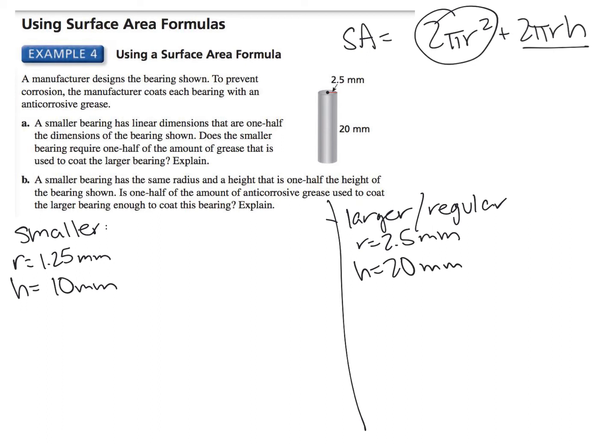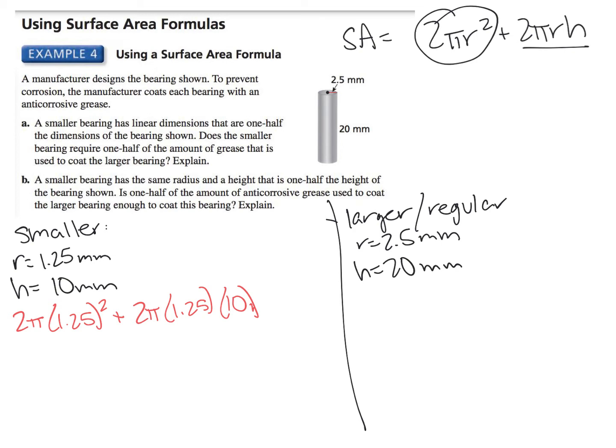Plugging everything into the surface area formula is what we need to do next. So that is 2 pi 1.25 squared plus 2 pi 1.25 times 10. Plug that into your calculator.